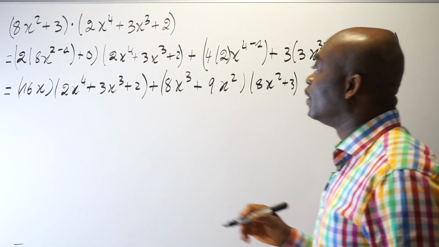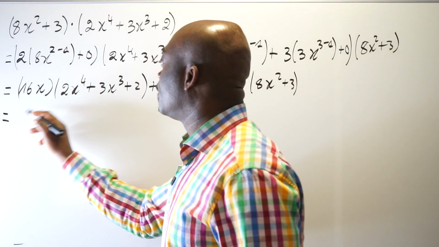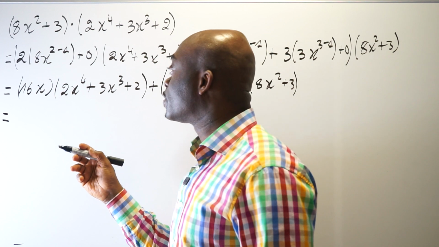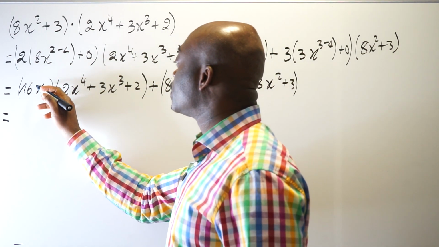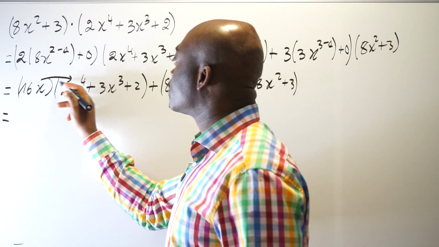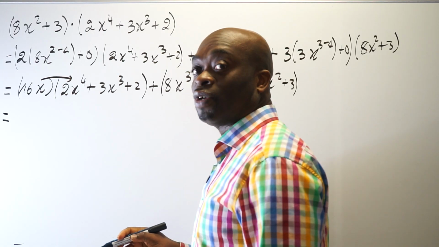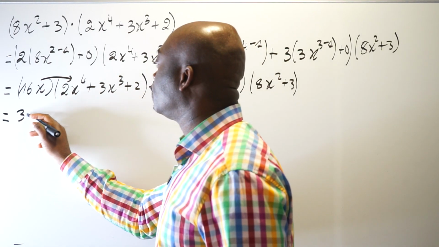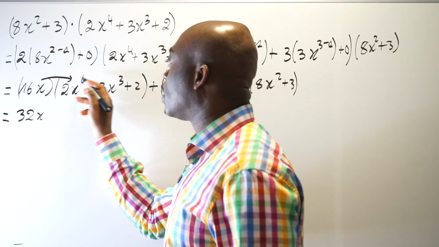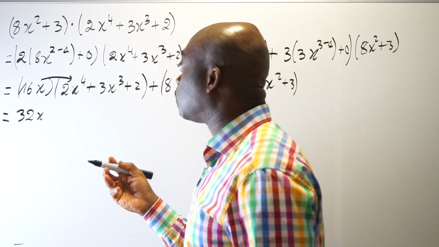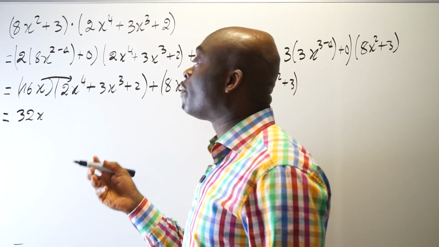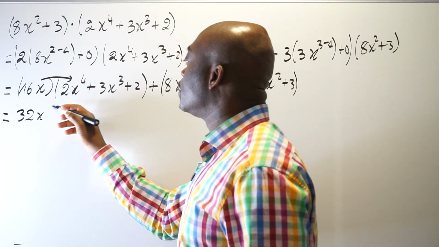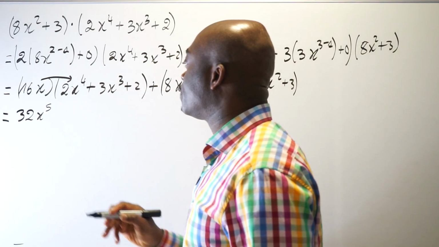We good so far? Then we proceed by multiplying, using the distributive principle. Take 16x times 2x to the fourth power. 16 times 2 is 32, then x to the power 1 plus 4, because when you multiply the same variables, you add the powers, so that gives us 5.